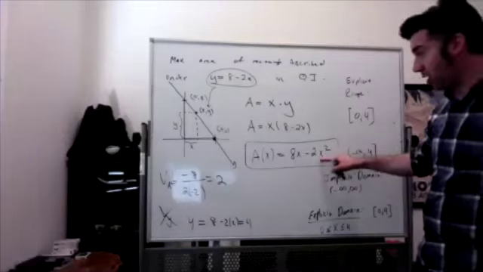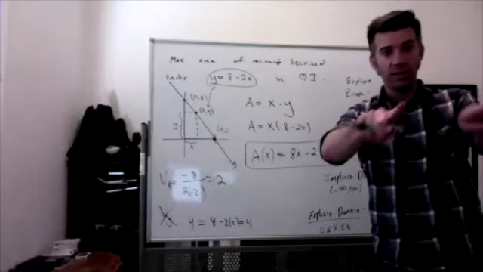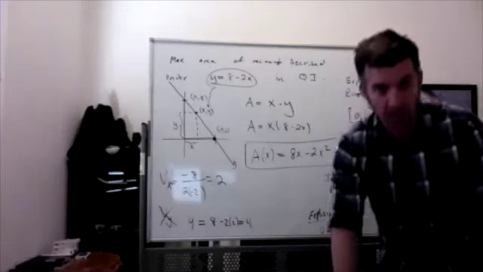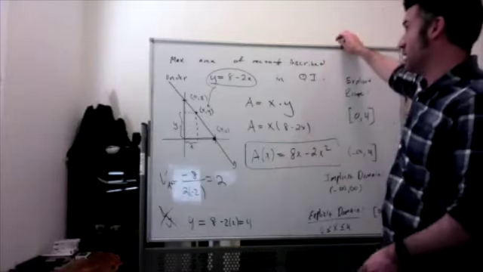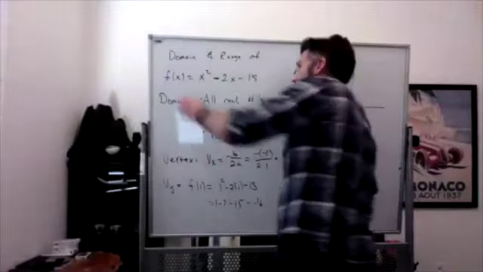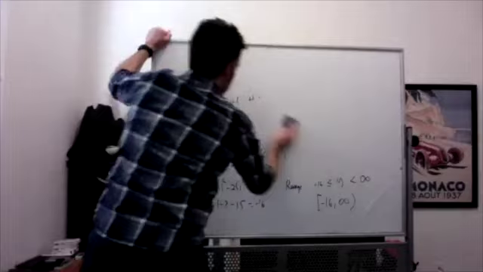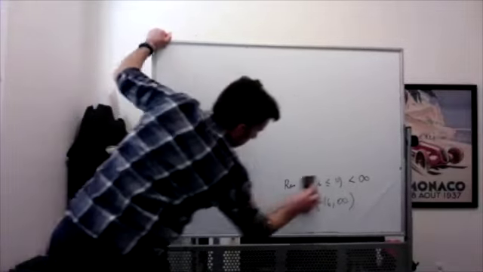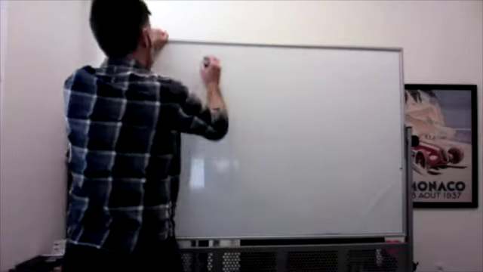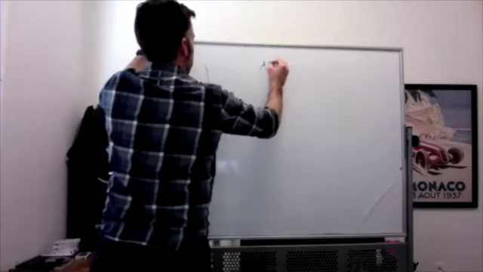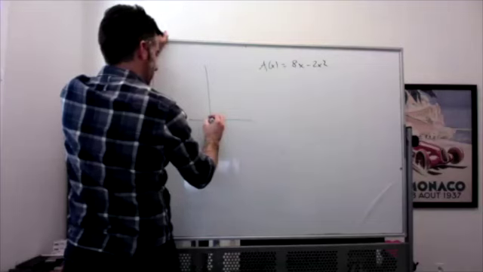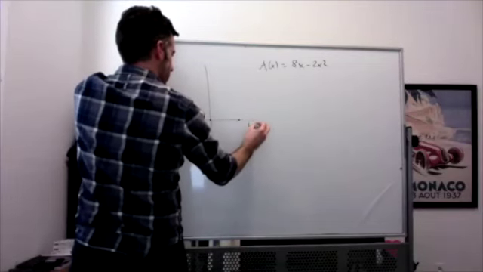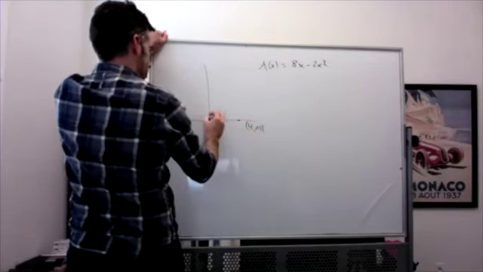This parabola, if you graph it, goes all the way down to negative infinity, but only as high as y equals 4. So let me graph this for you so you can see. That parabola, a of x equals 8x minus 2x squared, has x-intercepts at 0 and 4, and has a vertex at (2, 4).